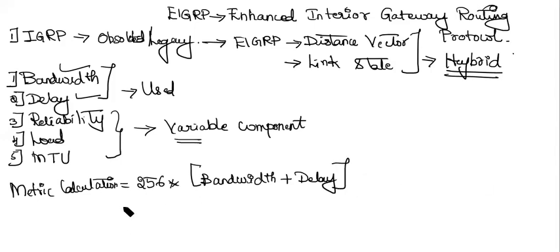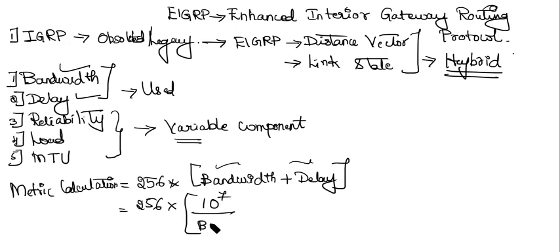So what is this bandwidth and delay? The bandwidth term is indicated by 10 to the power of 7 divided by the least bandwidth.